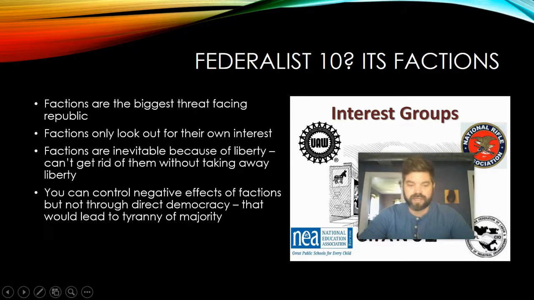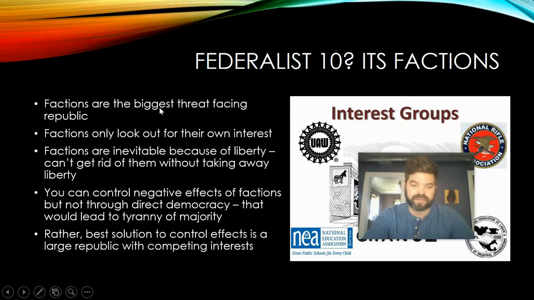But you can control the negative effects of factions, though not through direct democracy. That would lead to tyranny. Our founding fathers didn't advocate direct democracy, giving massive numbers of people a direct say in the government. They believed the best way to control the effects of factions was to create a larger public with competing interests.